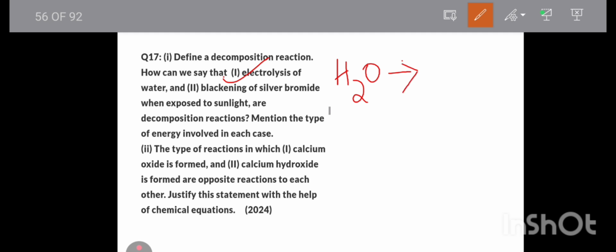Once we pass electricity, we can see the formation of two gases. That is, water will undergo decomposition and produce two gases, hydrogen gas and oxygen gas. So here a single reactant gives two or more simpler products, so it can be regarded as a decomposition reaction.